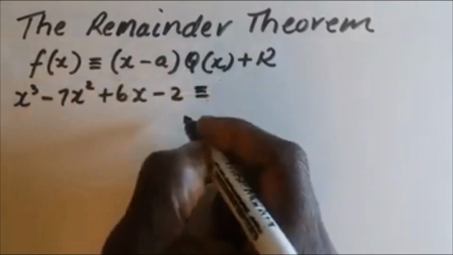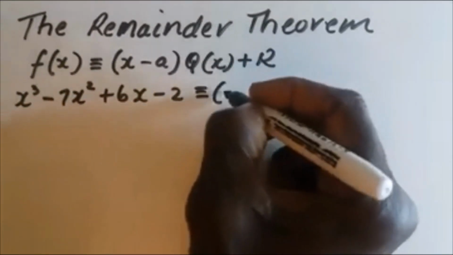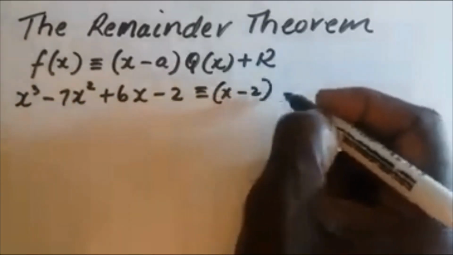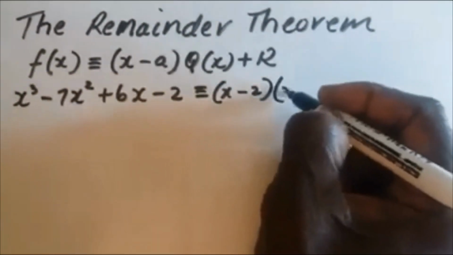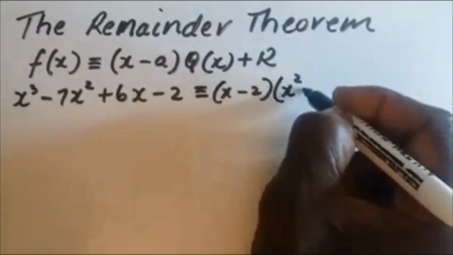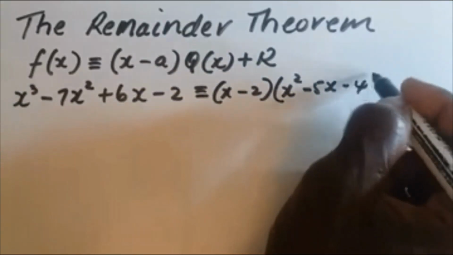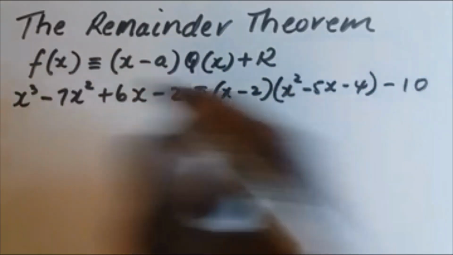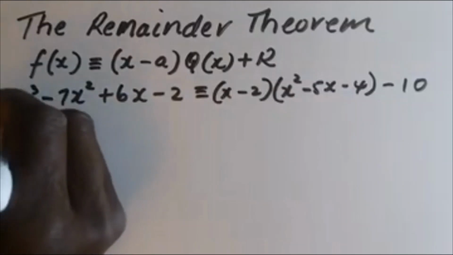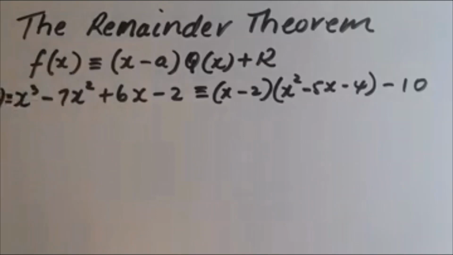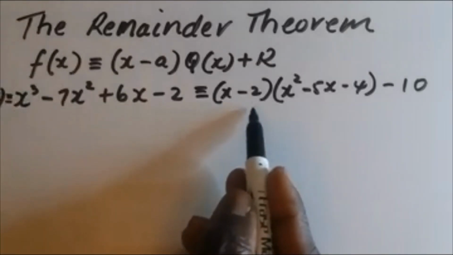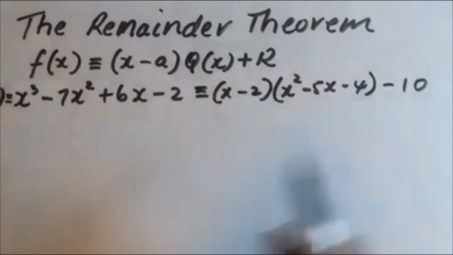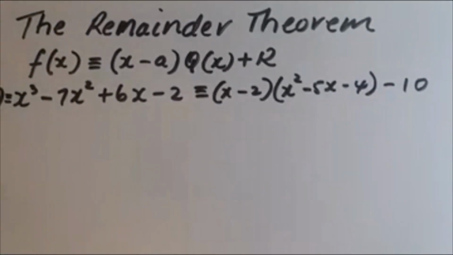That's actually equivalent to x minus 2, our quotient x squared minus 5x minus 4, and our remainder of negative 10. So this is f of x. The divisor times the quotient add the remainder gives us our function.